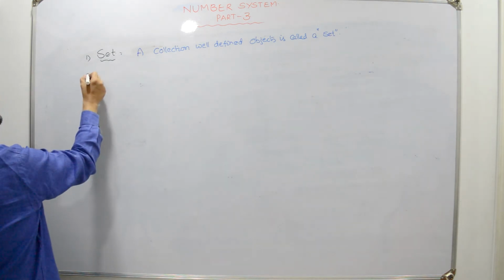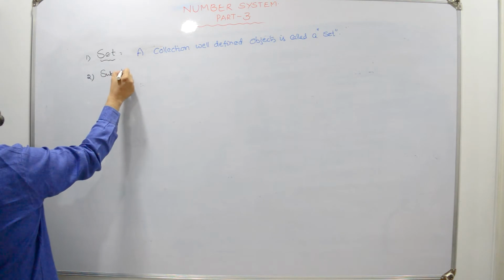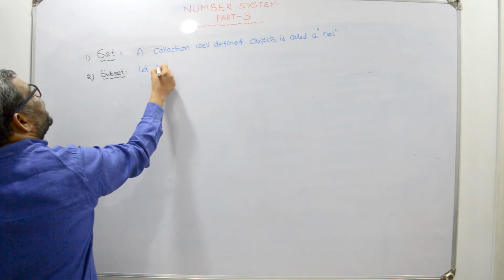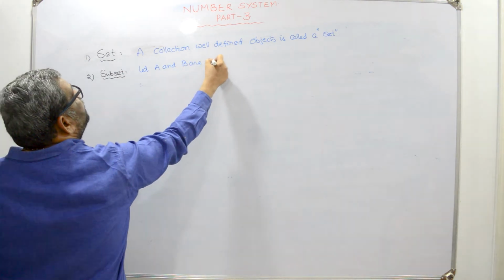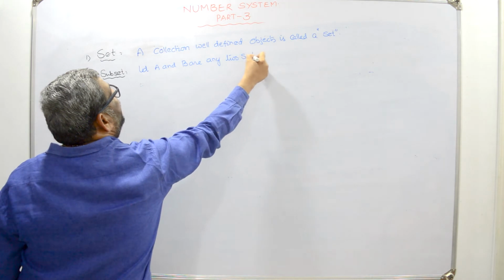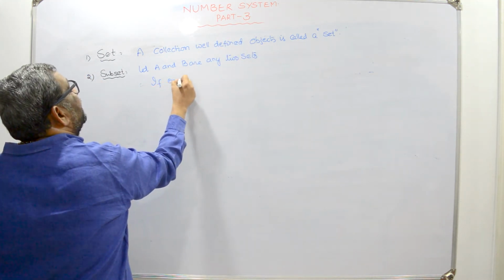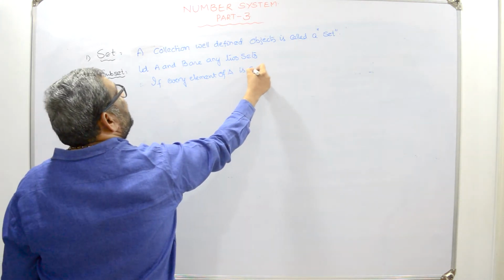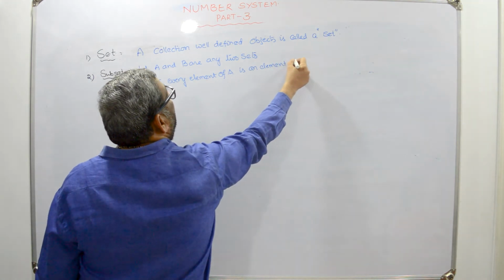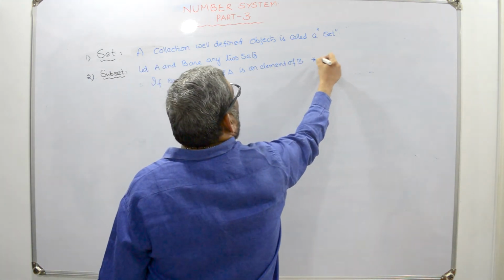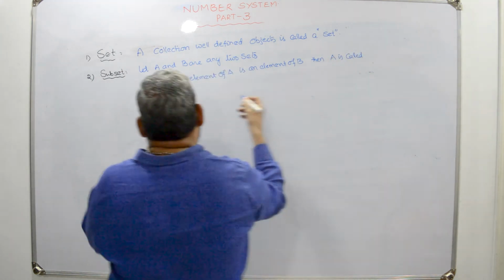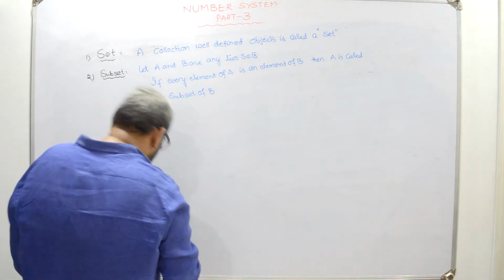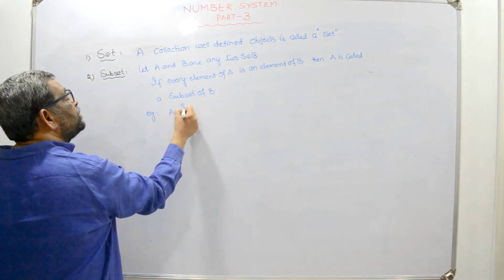A subset. Let A and B be any two sets. If every element of A is an element of B, then A is called a subset of B. Example, A is equal to the set of 1, 2, 3.